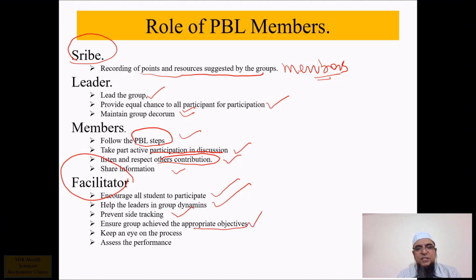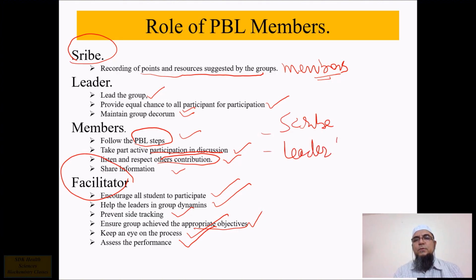The role of the facilitator is to keep an eye on the process. And the role of the facilitator is to assess the performance. So we have the scribe, we have the leader of the group, and we have members, and we have the facilitator.